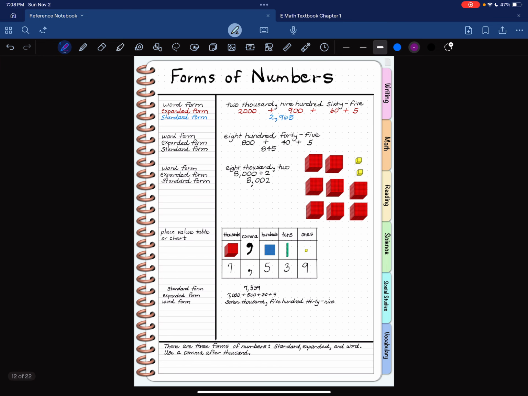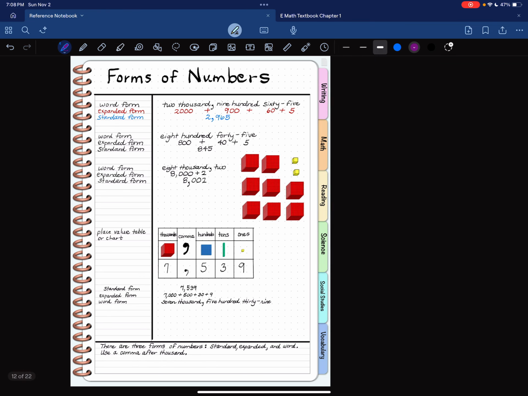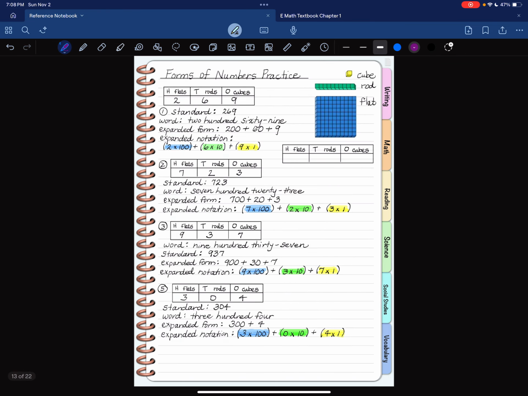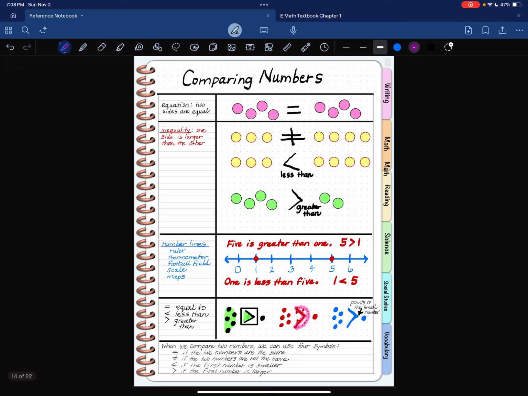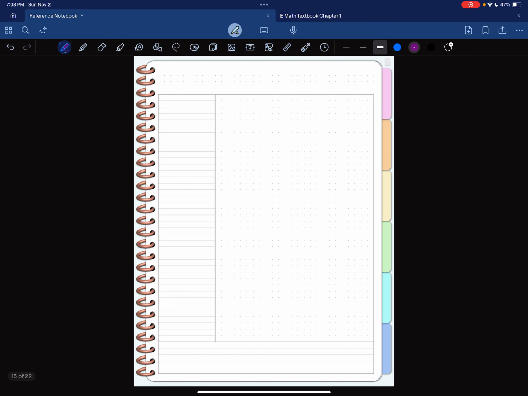We've learned about word form, expanded form, expanded notation, and standard form. We have practiced those, and we have compared numbers using greater than, less than. We've done a lot of things in this chapter. And this lesson is going to be just as important. It is about rounding numbers.